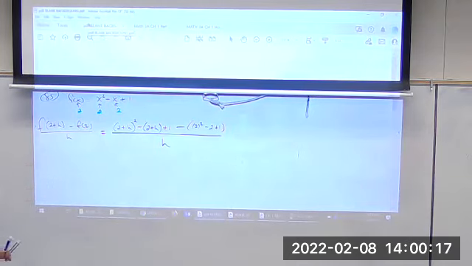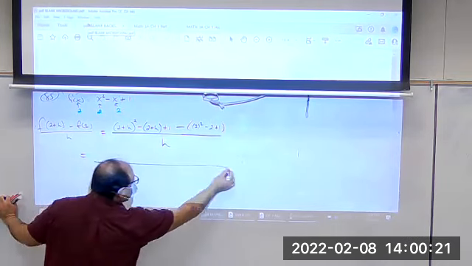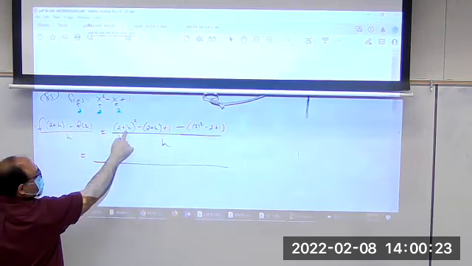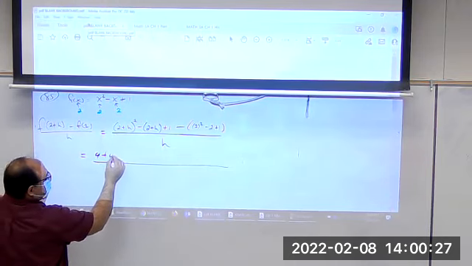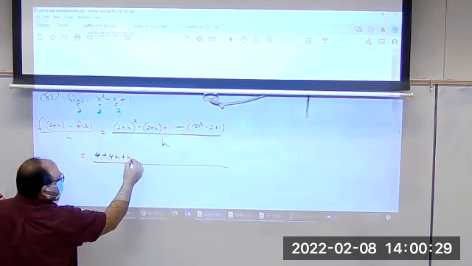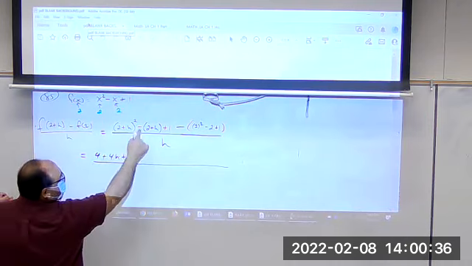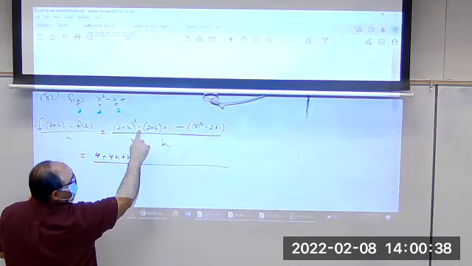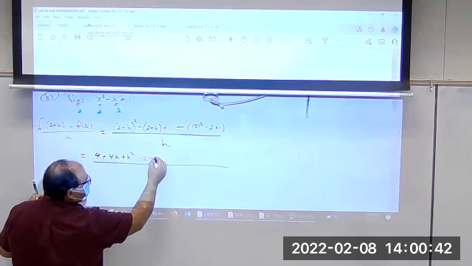Here comes the algebra. So this equals 2 plus h squared, which is 4 plus 4h plus h squared. Minus 2 plus h, so you distribute the negative, minus 2 minus h.